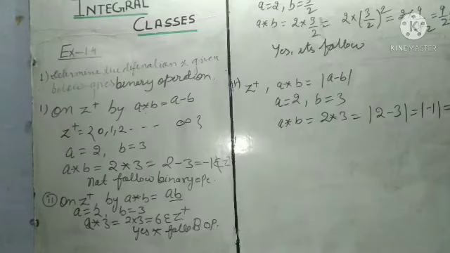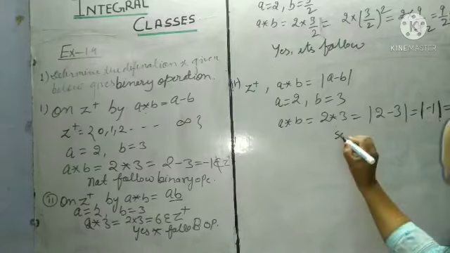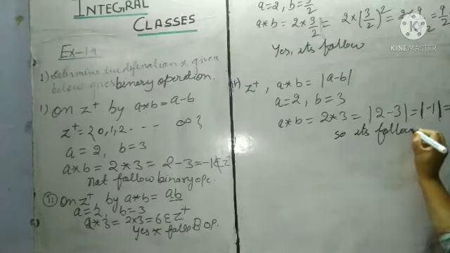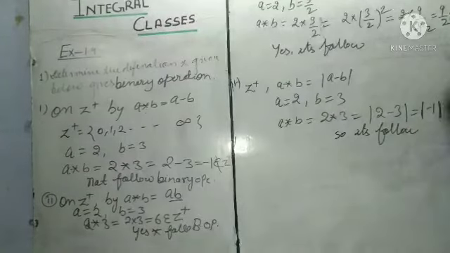We will get 1, which belongs to Z plus. This minus 1 is with the modulus sign, so it becomes positive here, and 1 belongs to Z plus. So it follows.